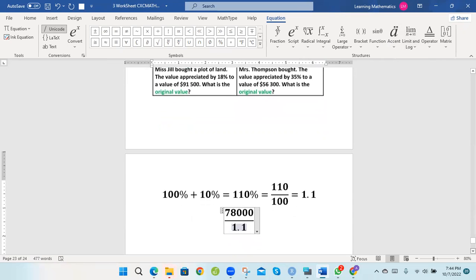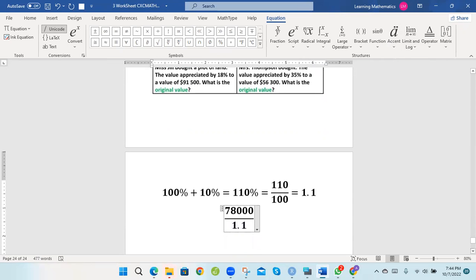And that will give us the original value. What is 78,000 divided by 1.1? 78,000 divided by 1.1 is 70,909.09.